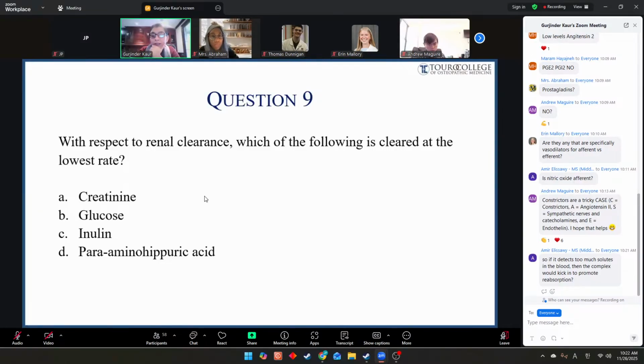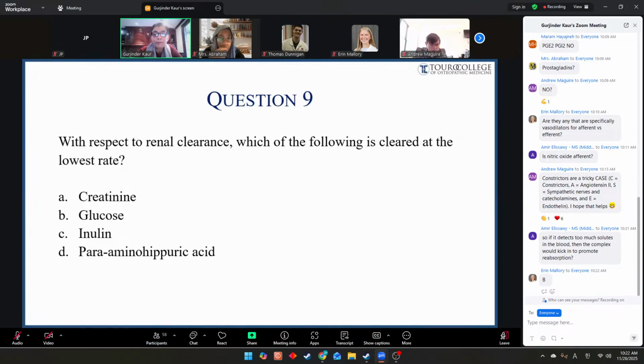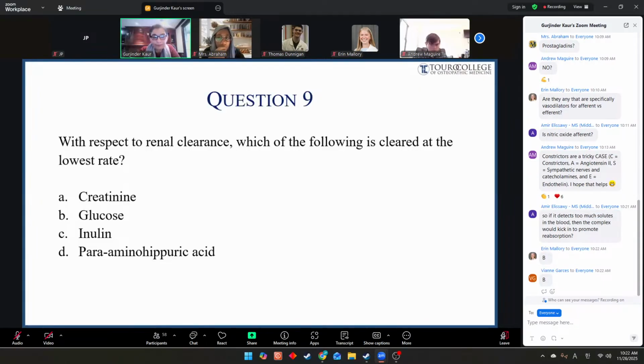Which one is cleared at the lowest rate? Anyone? Beautiful. Thank you. B is correct. You don't want to lose glucose out of the body, so it will all be absorbed back pretty much unless someone is diabetic.